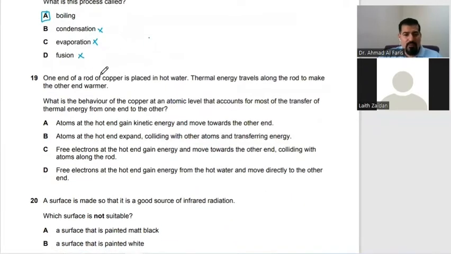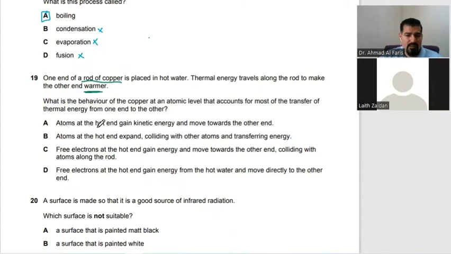One end of a rod of copper is placed in hot water. Thermal energy travels along the rod to make the other end warmer. A copper rod here. What is the behavior of the copper at the atomic level that accounts for most of the transfer of the thermal energy from one end to the other?